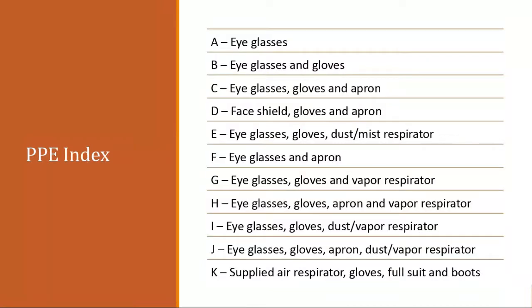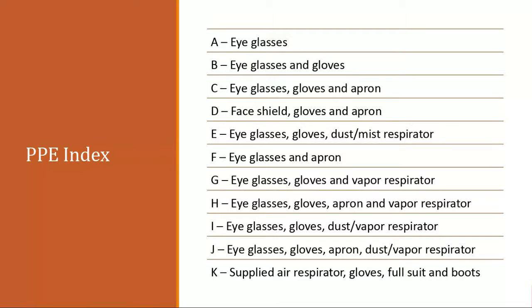Here's a couple indexes. I'll just leave it here for a couple seconds so everybody can see. If I were to say, oh, this is going to be a PPE index of C, then everybody knows that they will be wearing eyeglasses, gloves, and an apron.